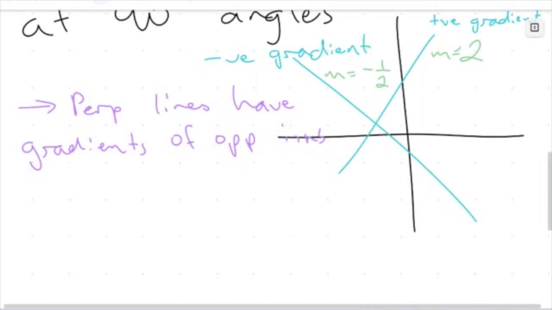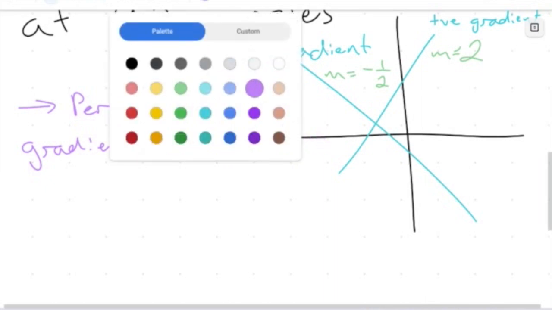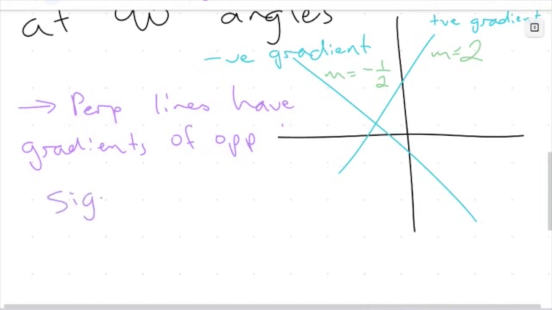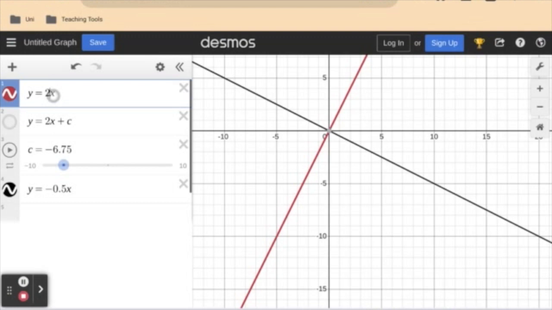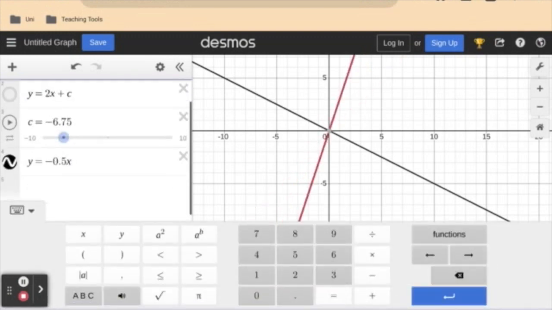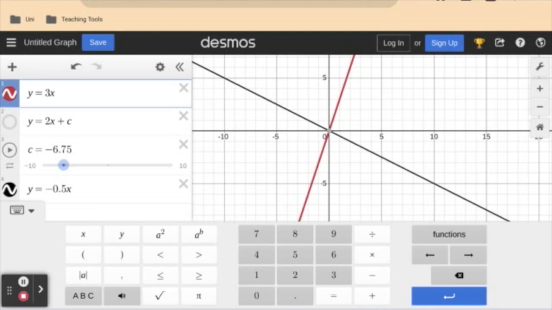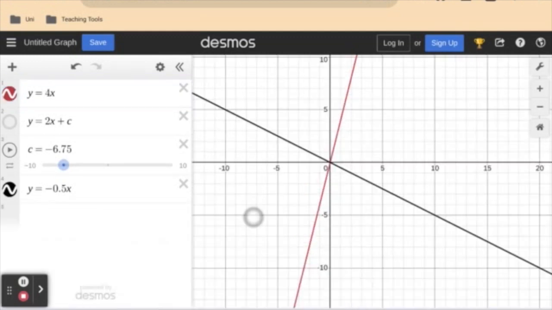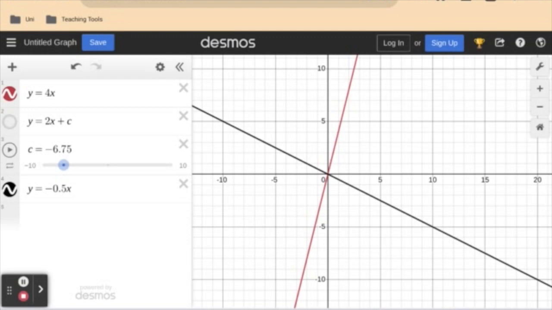Sorry, I just realized this signs wasn't written very nicely. Let's do that down here real quick. Of opposite signs. Okay, let's try, for example, if we made this one 3x. Okay, let's do a nicer number. Let's do 4x. So I've made my first graph, my red graph, a lot steeper now.